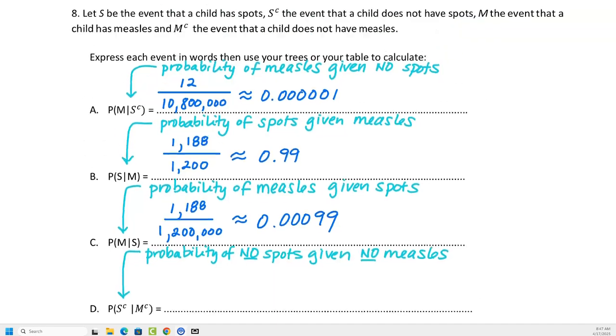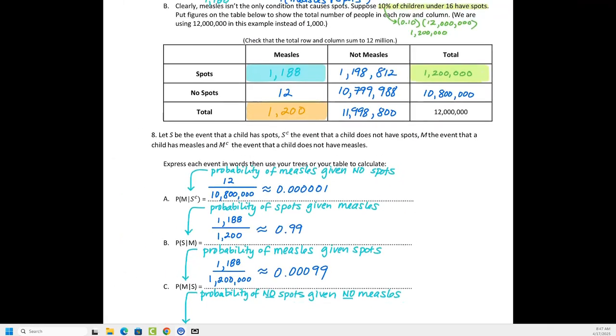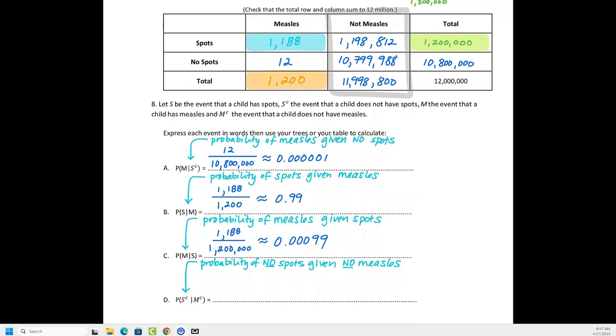Okay, so fine. If we're given no measles, that means we're looking at this column here. And how many in that column have no spots? What's the 10 million? 799,988. And then that's divided by the total of that column, which is the 11,998,800.